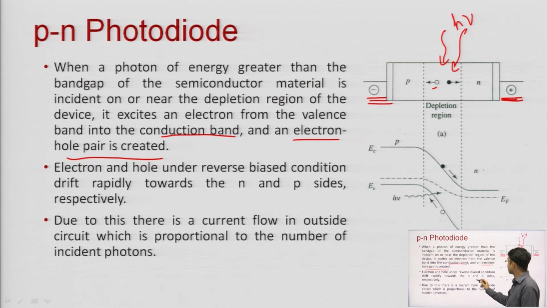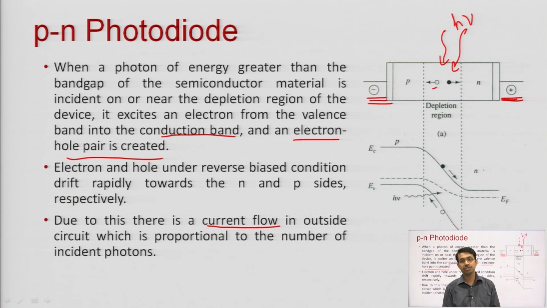Electron and hole under reverse bias condition drift rapidly towards N and P sides respectively. Due to this, there is a current flow in the outside circuit which is proportional to the number of incident photons. The more photons fall on the junction, the more current will flow in the outside circuit. Okay. So, this is how a simple p-n junction photodiode works.